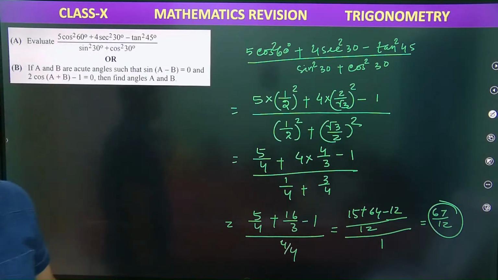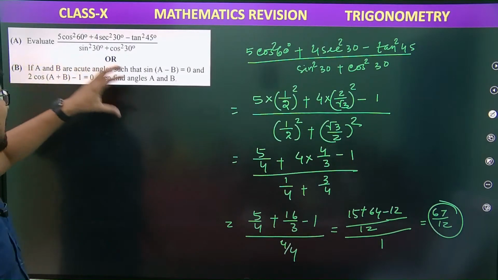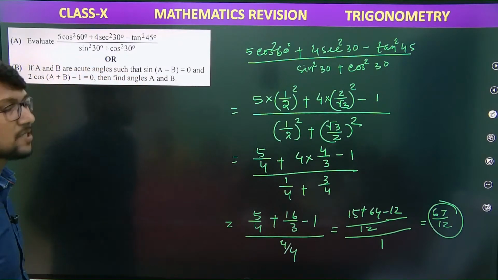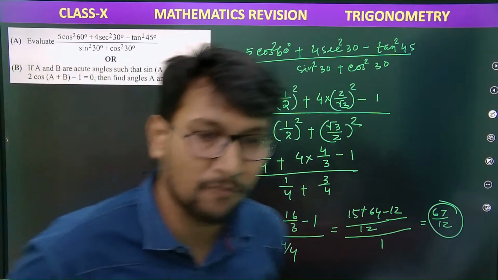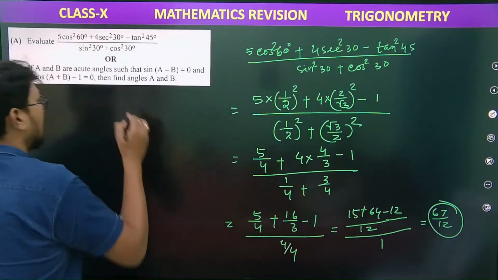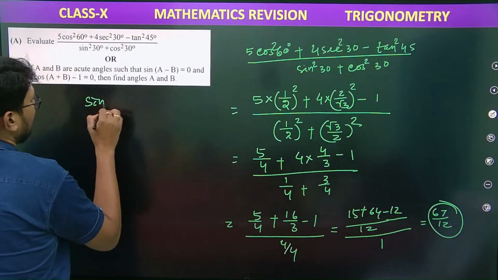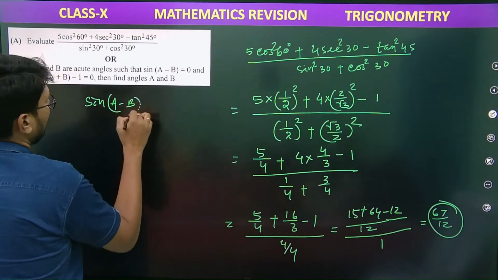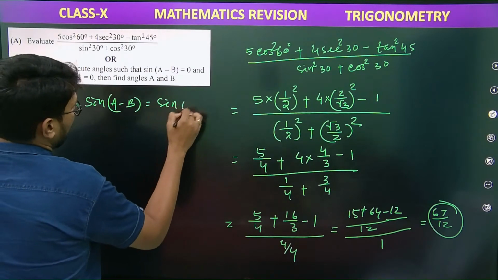Over, everyone? Sin(A minus B) is what? 0. So which value of sin is 0? Just write sin(A minus B) equals sin 0.